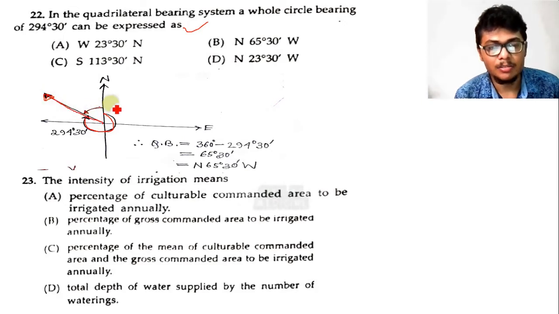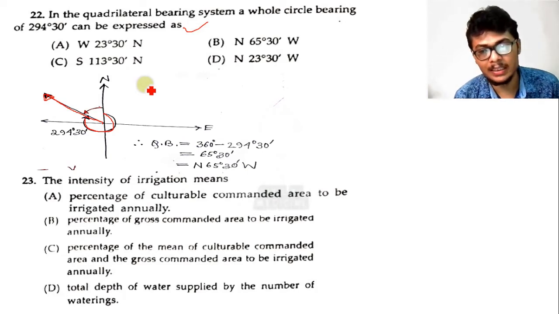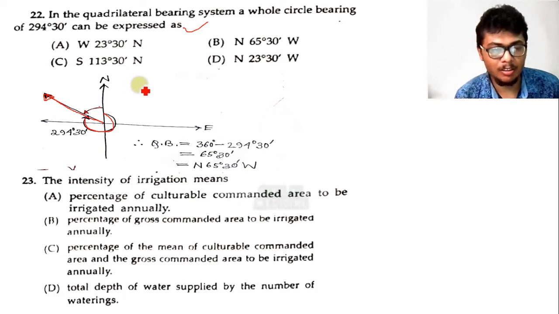Now I have to find out the quadrantal bearing. We know that quadrantal bearing is always calculated from either the north side or the south side, whichever is near the line, in clockwise or anti-clockwise direction. In this case the north direction is near the survey line.